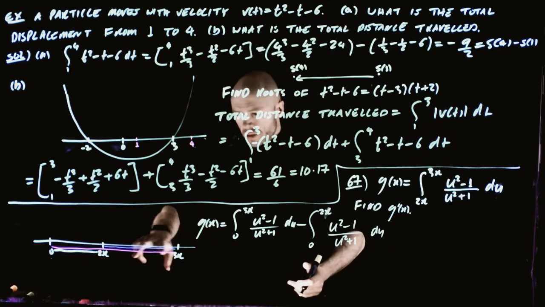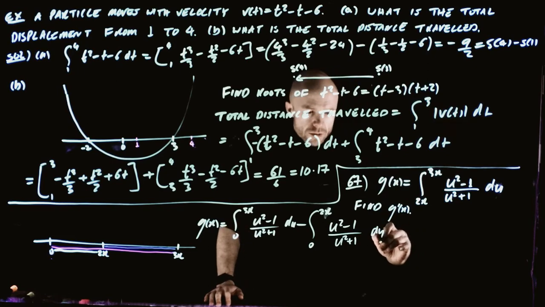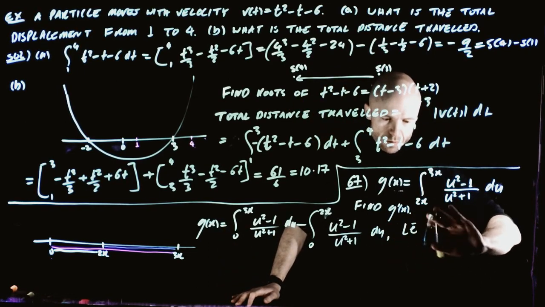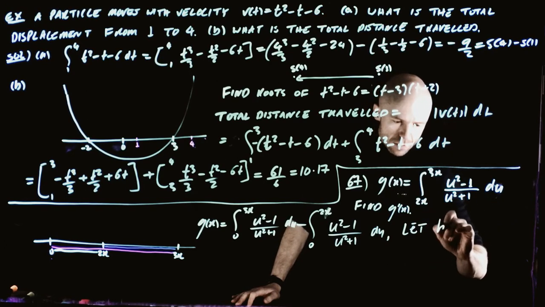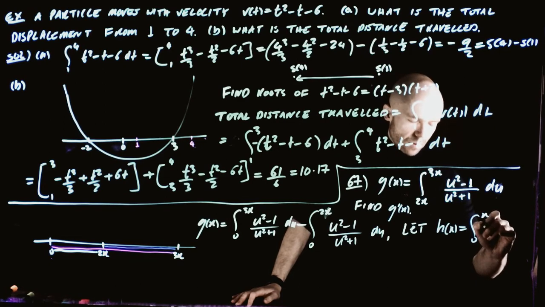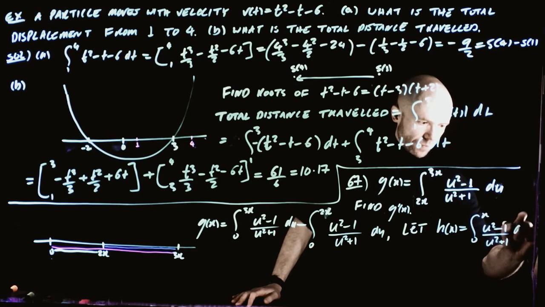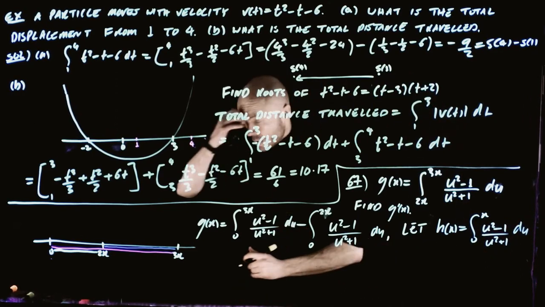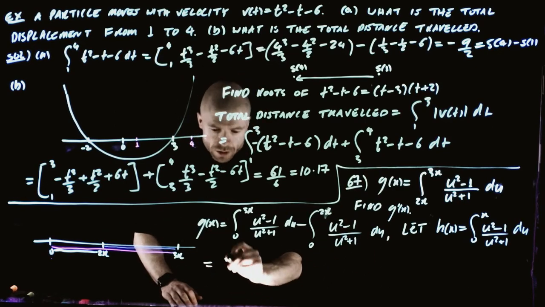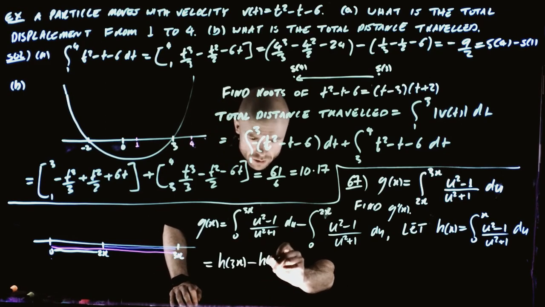We just see it in this picture. This thing is the same as this thing. And then let's define this function h of x to be the integral from 0 to x of u squared minus 1 over u squared plus 1 du. Then this thing is nothing other than h of 3x minus h of 2x.